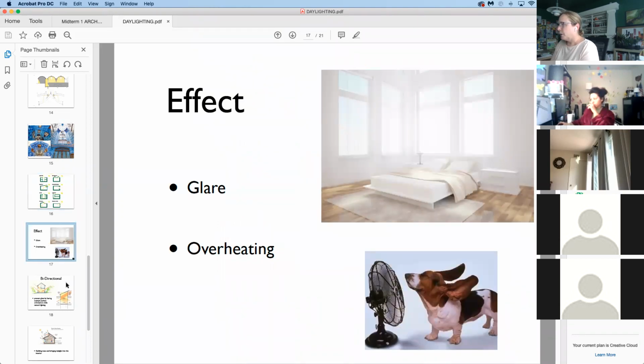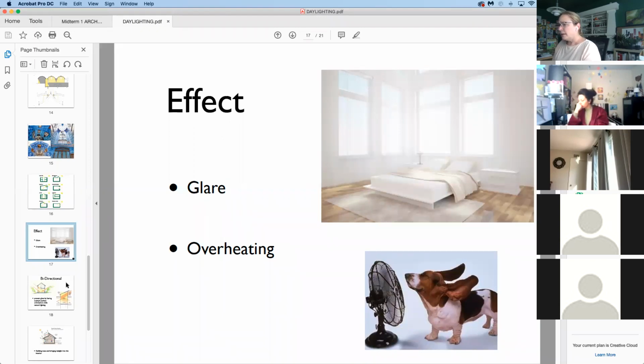Okay, part 3, the effect of what the light does to our spaces. These are purposeful, and they're great, but you can be aware of unintended consequences of too much light.